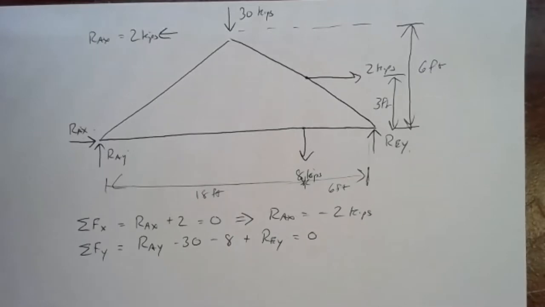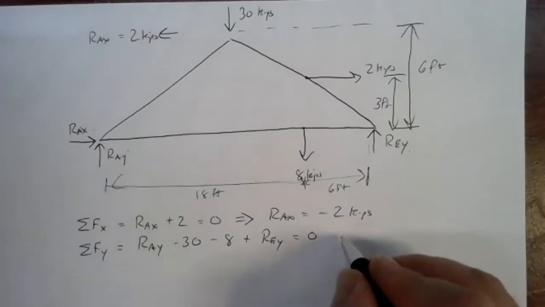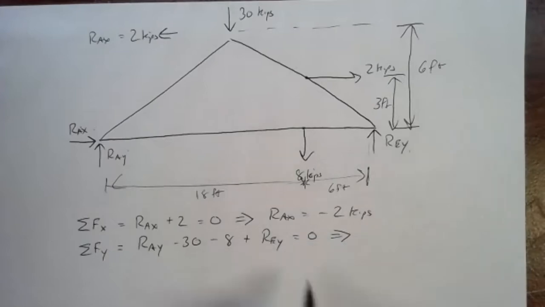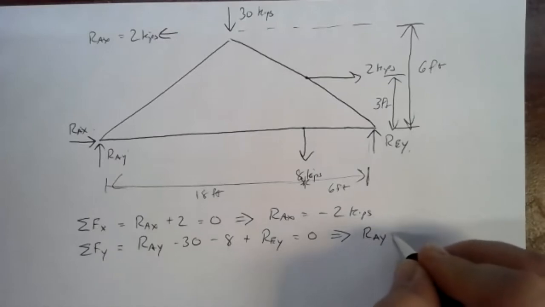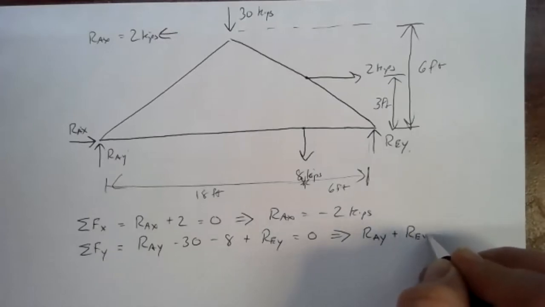No other forces in the y direction. So cleaning that up a little bit, the negative 30 and the negative 8 is negative 38. Then I'd add that 38 to both sides, and I'd end up, just fast forward a little bit through the equations that should be getting pretty familiar by now.